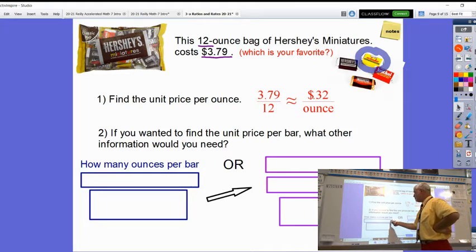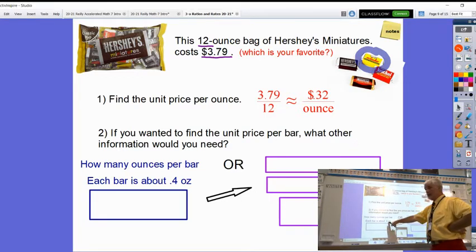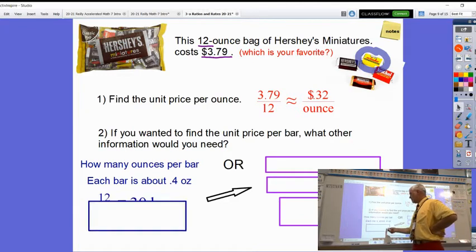If I told you each bar is about 0.4 ounces, now you could answer this question, right? How much is each bar? Well, you know that the chocolate is 32 cents per ounce, and if each bar is 0.4 ounces, then you could multiply 0.32 times 0.4.